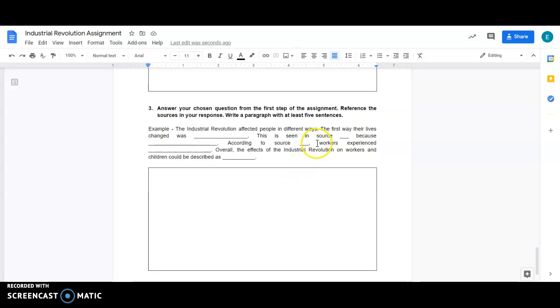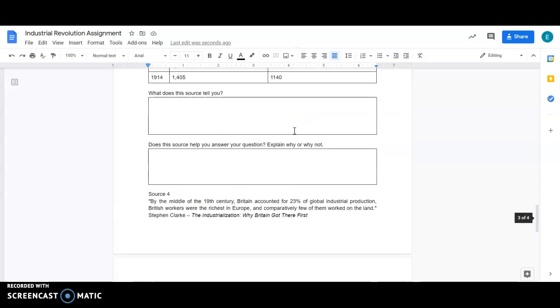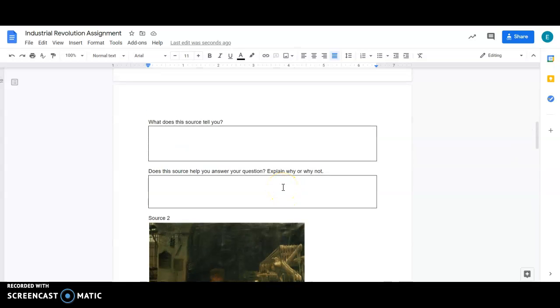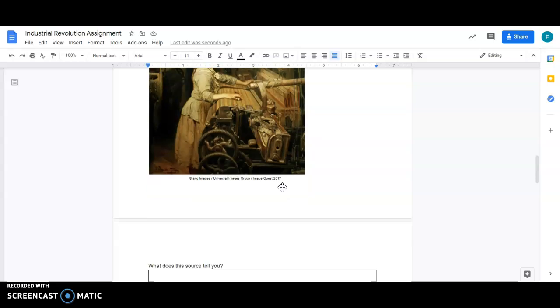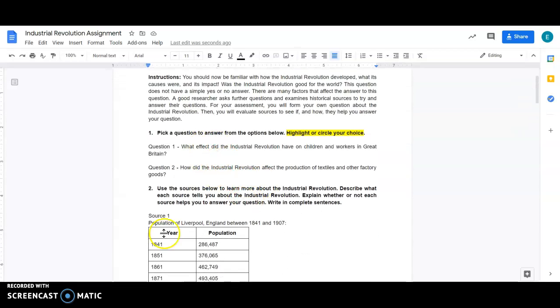Here I gave an example of what it can look like. Alright, as you're using the information from the sources to answer your question, you're just taking the information from the second question for each source, basically, and putting it into a consistent, coherent paragraph to answer either question 1 or question 2.